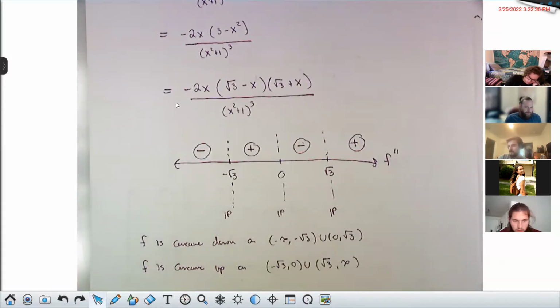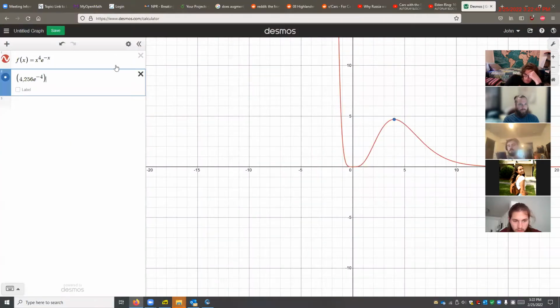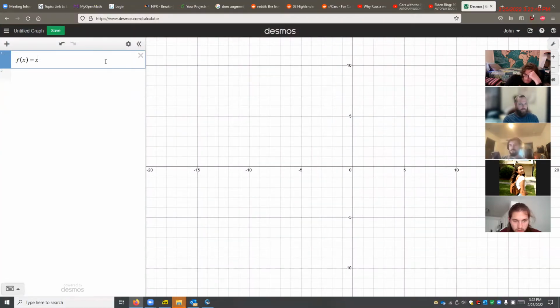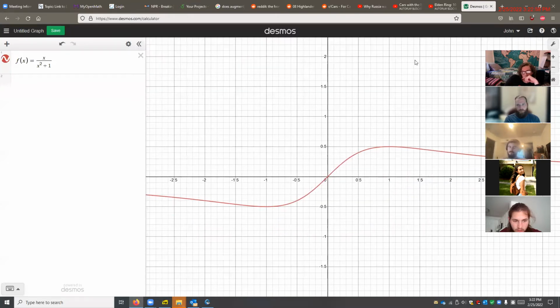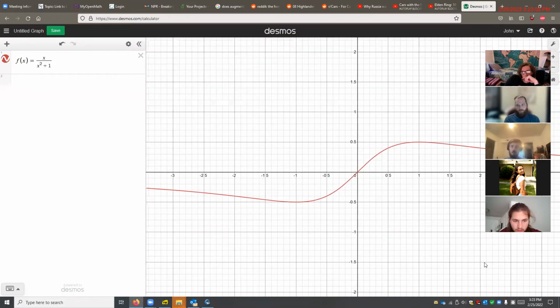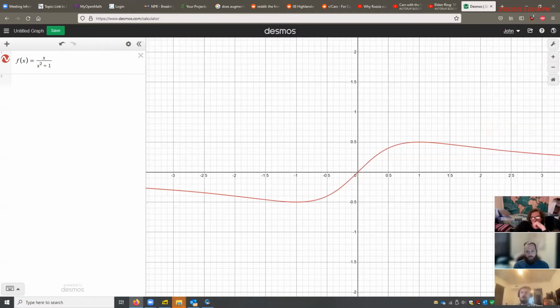And if you'll allow me, I'll take 10 seconds to verify this in Desmos, because this is quite a cool graph. This thing is sometimes called a serpentine.